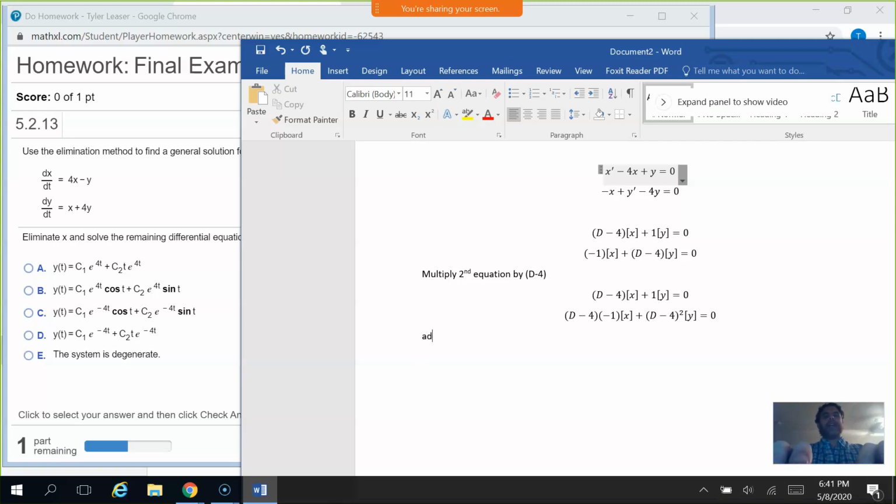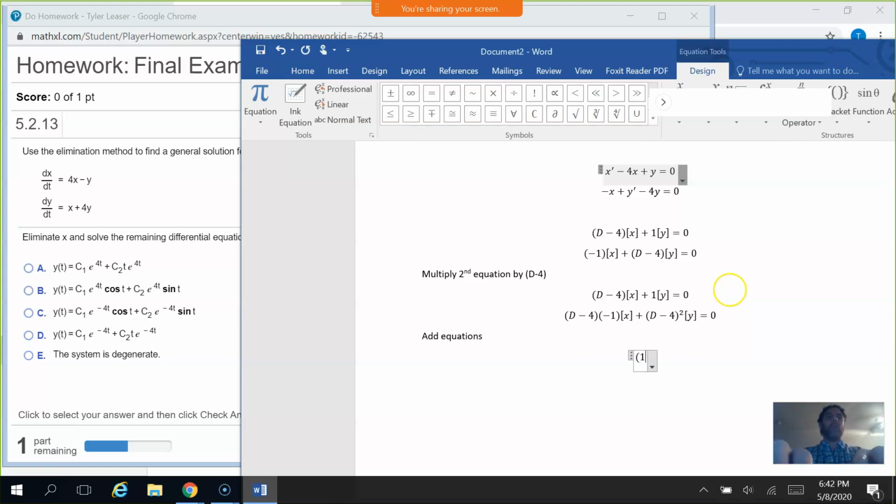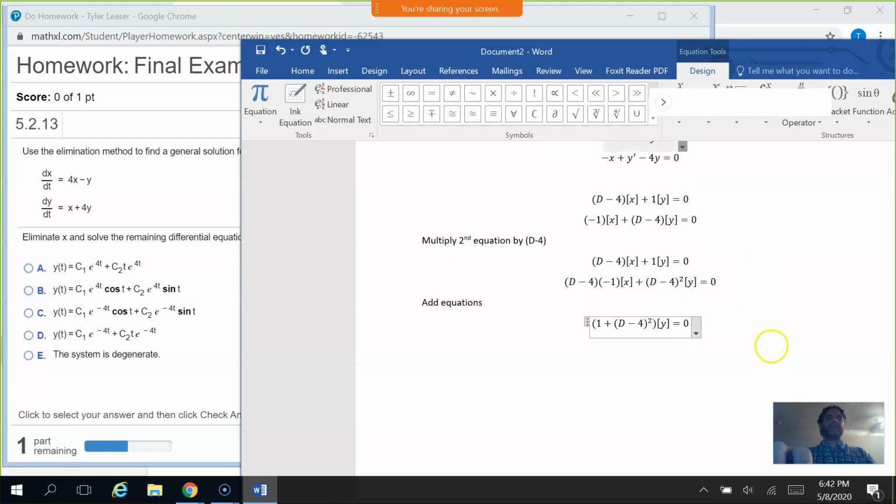Okay, so now we can add the equations to make the x values disappear. Just adding the y values together, we're going to have a 1 plus that D minus 4 all squared, that acting on y, and just 0 on the right. So cleaning this up a little bit, foiling out D minus 4, that's going to be D squared minus 8D plus 16 acting on y.